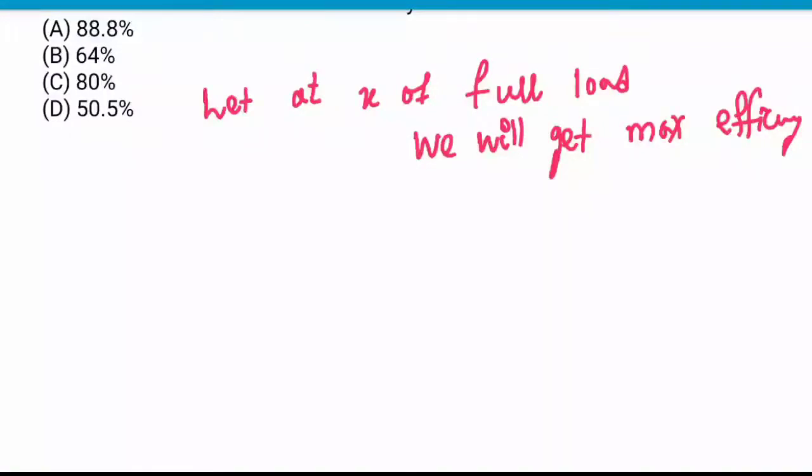This is our consideration. X may be any fraction of full load, suppose half of full load or 1/4 of full load, suppose 0.8 of full load, like this.